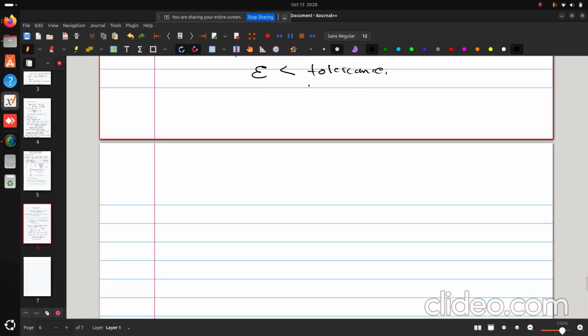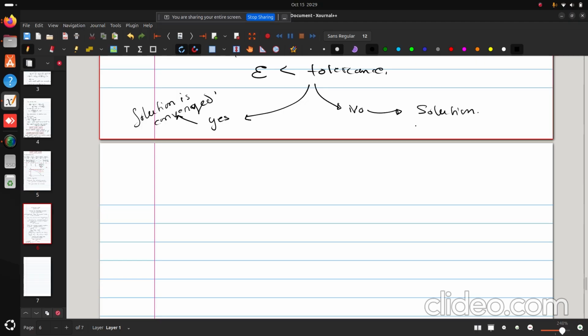If it is satisfying, if it is yes, then the solution is converged, and if no, the solution is not converged, and we take these existing values as the guess values for the next iteration.